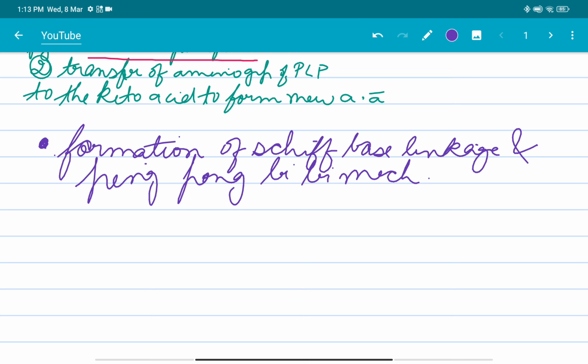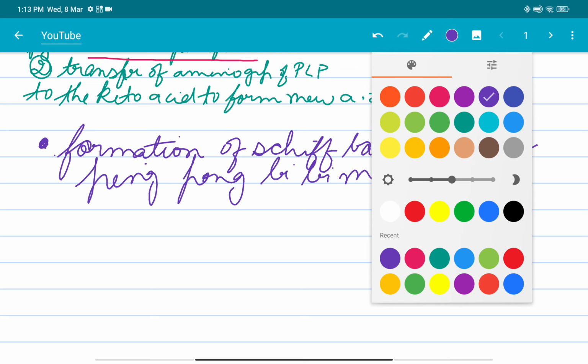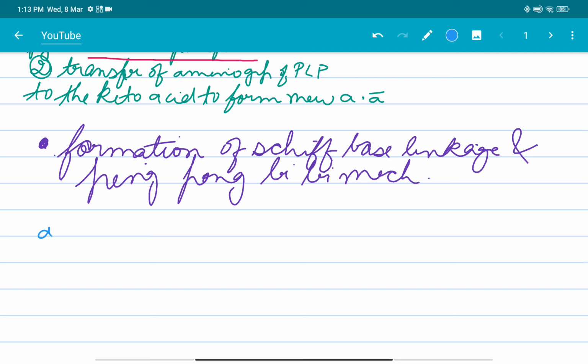Fine. So we know that the enzyme transaminase requires a coenzyme PLP.